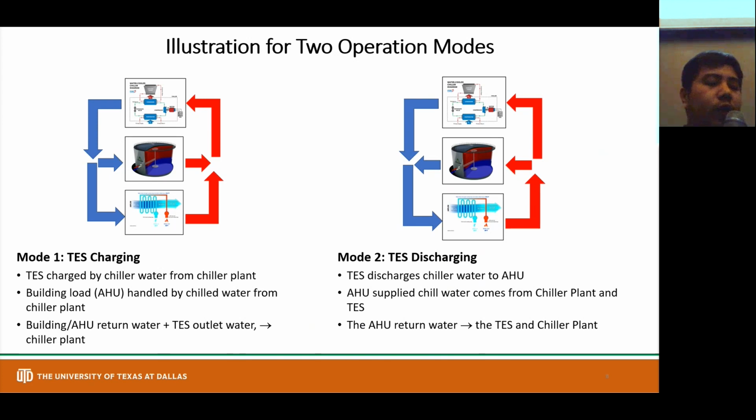The building return water and the TS outlet water are mixed and then return to the chiller plant. Mode two is the TS discharging mode. The TS discharges chilled water to the AHU. The AHU supplied chilled water comes from the chiller plant and the TS, and then the AHU return water goes to the TS and the chiller plant together.